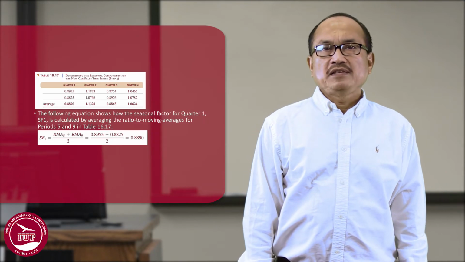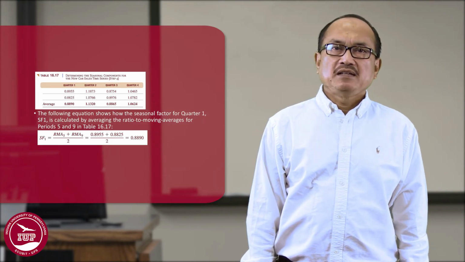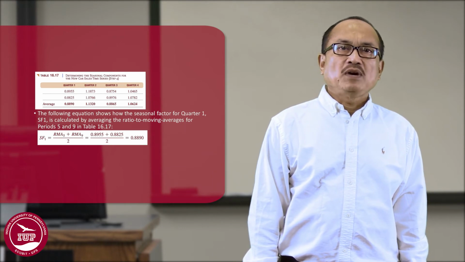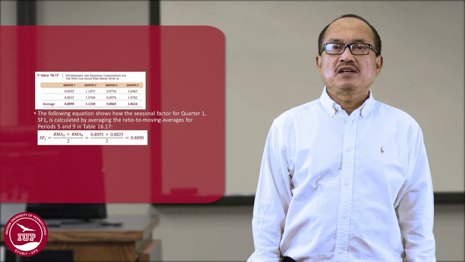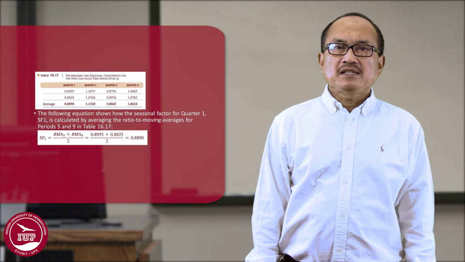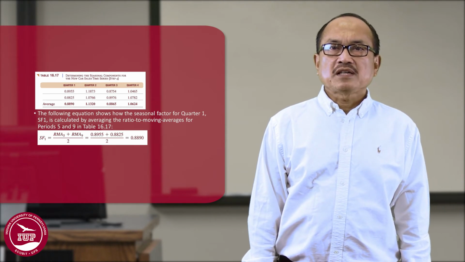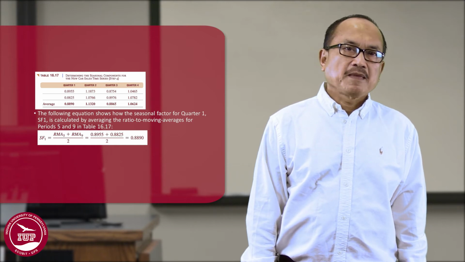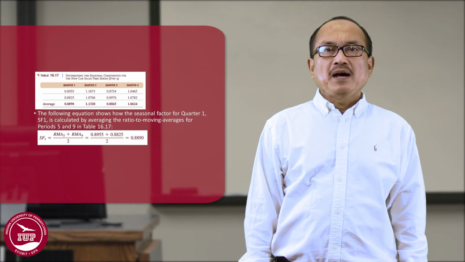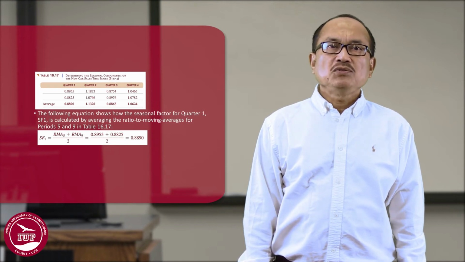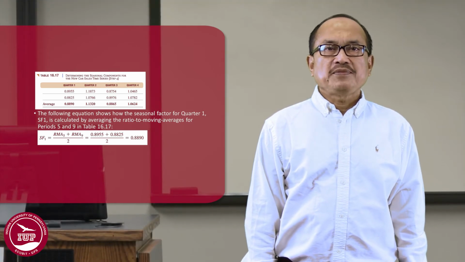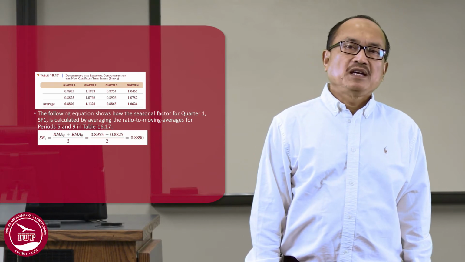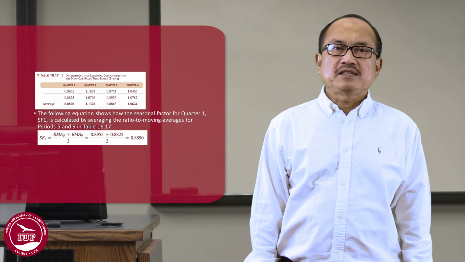To isolate the seasonal component S_t in the preceding expression, we first need to identify a seasonal factor, SF_Q, where the subscript Q refers to the quarter number, for each quarter, by averaging the two ratio to moving averages that are associated with each season, as shown in table 16.17.